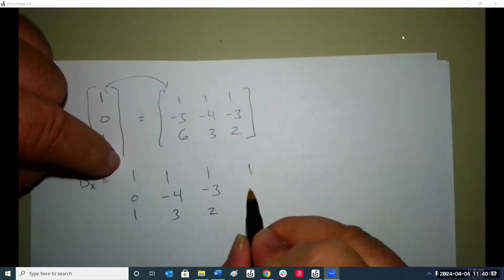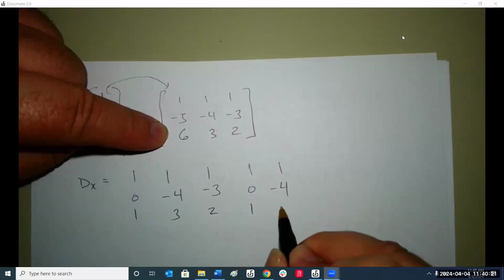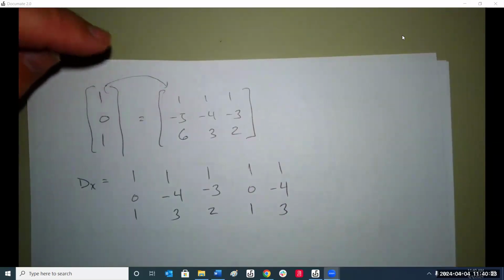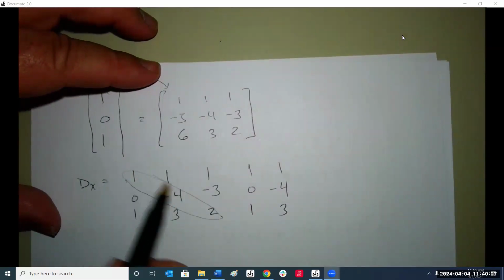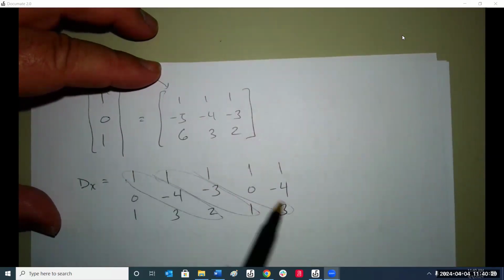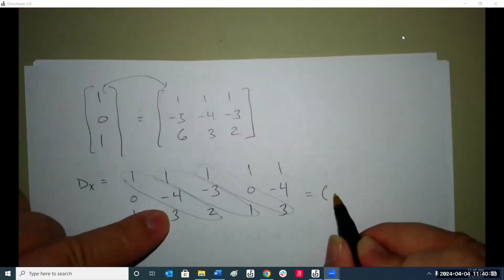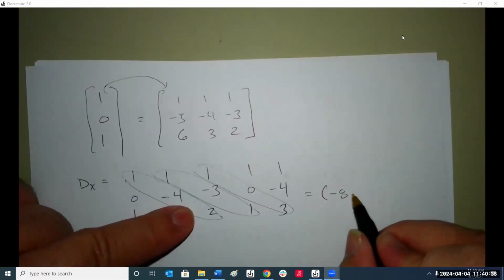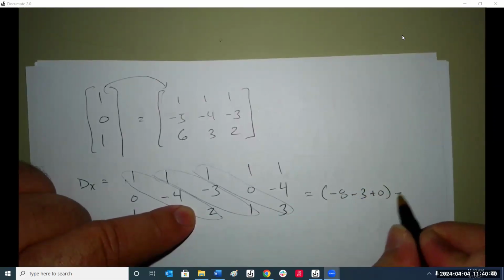Copy the first two columns. So that's -8, -3, 0.